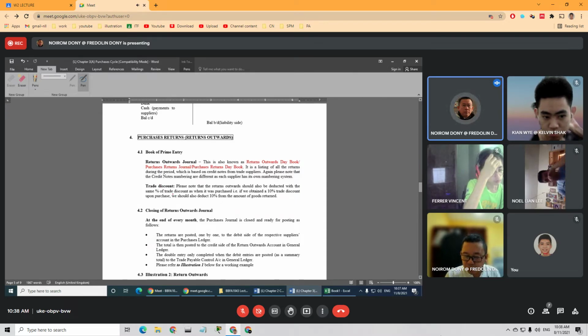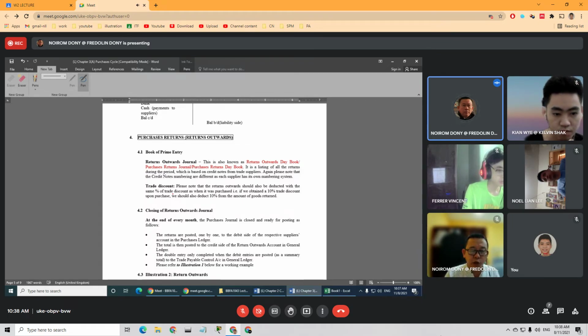So you have to refer to your previous purchases journal. If the previous purchases journal states there is a trade discount for the same supplier, you need to apply the trade discount to that particular return as well.